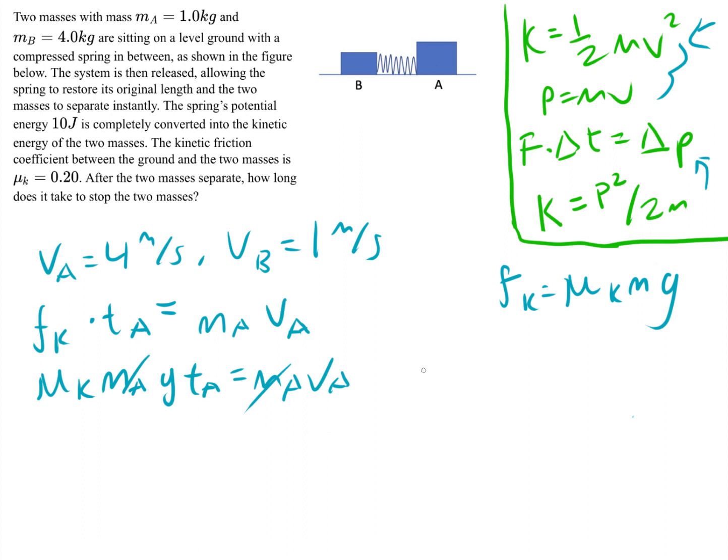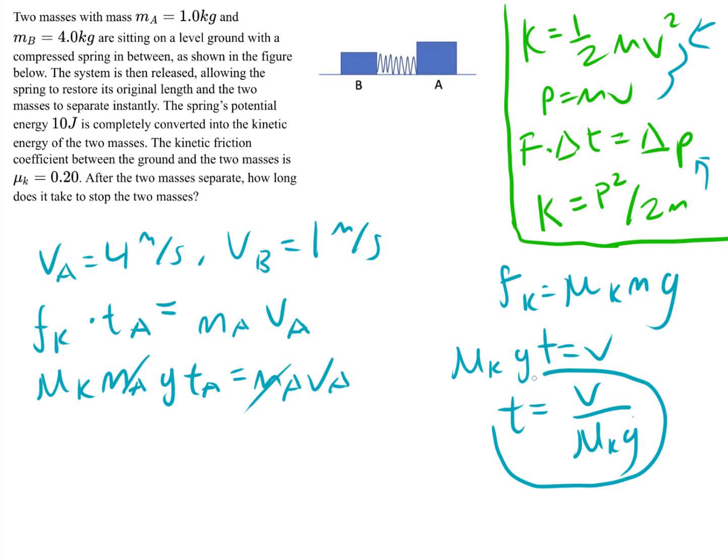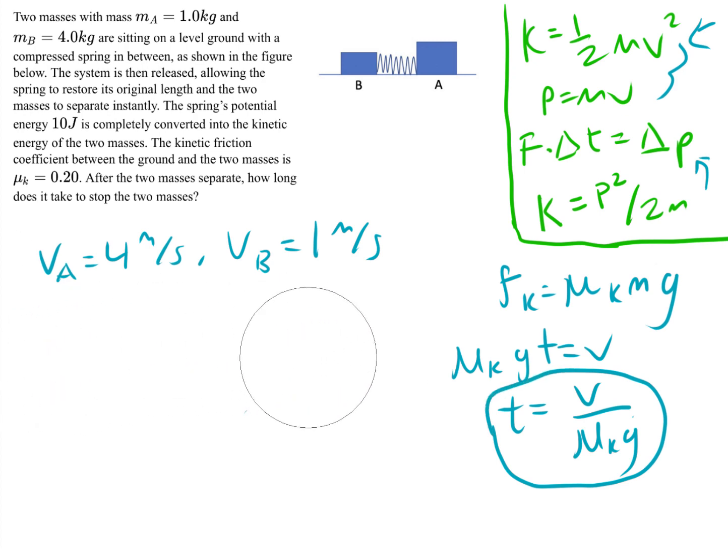So we're solving for the time. So the coefficient of kinetic friction times gravity times time equals velocity is what we have right now. Solving for time, we know that time is equal to the velocity when it first leaves the spring divided by the coefficient of kinetic friction times the gravitational acceleration. And this is the equation that we can use for both blocks so that we don't have to go through all of this again.